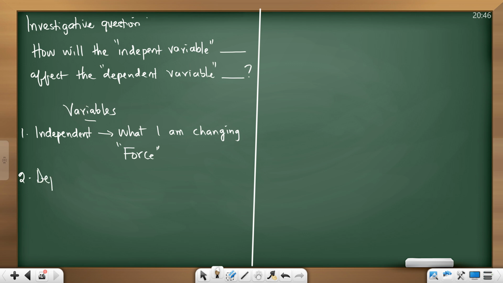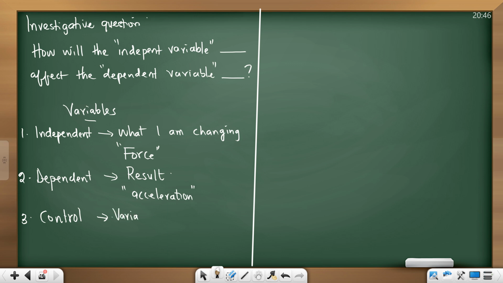Number 2, the dependent variable. This is the result. As we change the force, what is changing? The acceleration of the object. Number 3, you must have a control variable. Something kept constant.